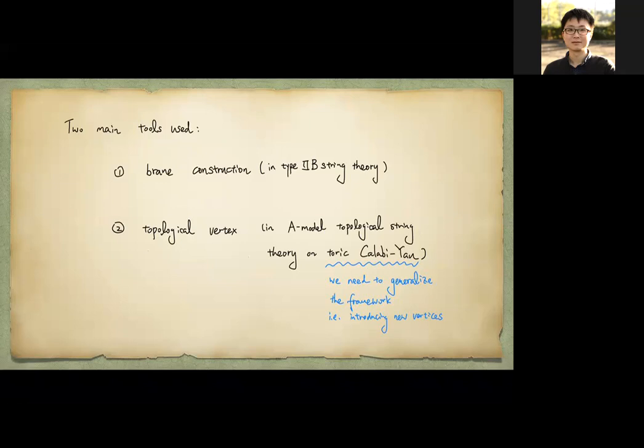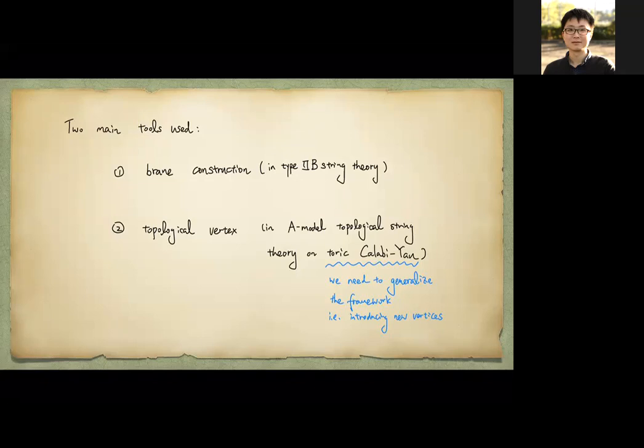The first one we will use is the brane construction in type IIB string theory of 5D N=1 gauge theory. Then we use the topological vertex, and the topological vertex formalism was originally developed in the A-model of topological string theory on toric Calabi-Yau manifolds.